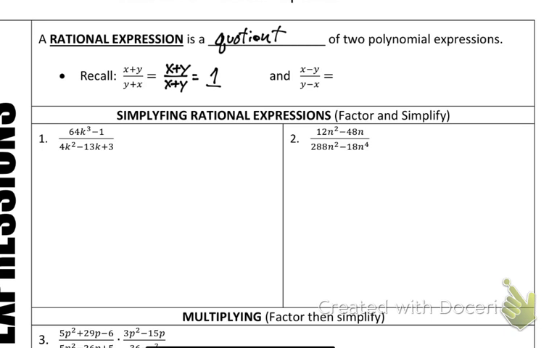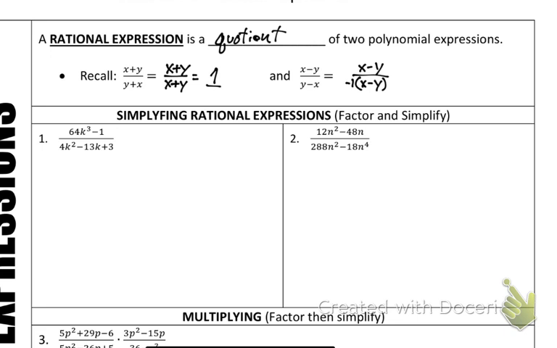The weird one is when you have the exact same values, but they're flipped. If I have x minus y over y minus x, this would be the exact same thing as if I had x minus y, but I pull the negative out of the bottom, and I have negative 1 times x minus y. Because when I pull a negative 1 out, it flips both of the signs.